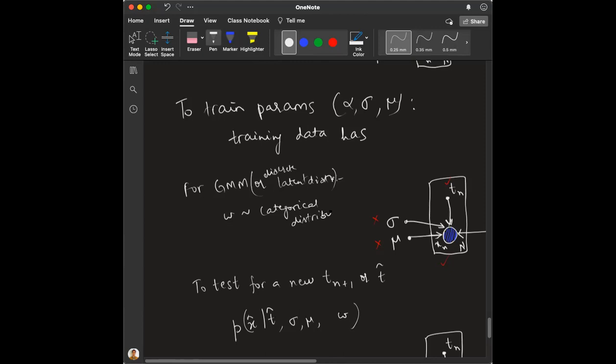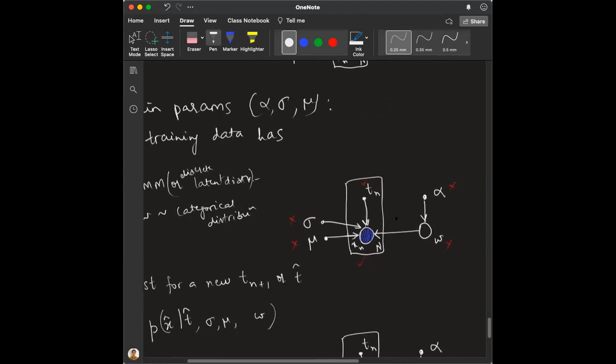We have seen this. Your W is from a categorical distribution, so that GMM example can fit very well here.